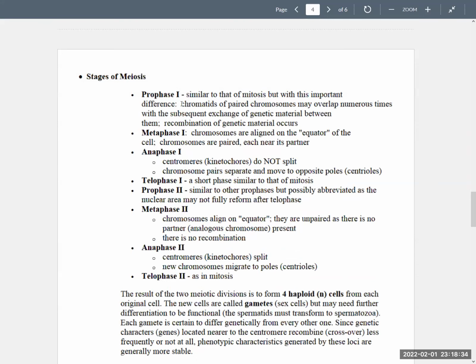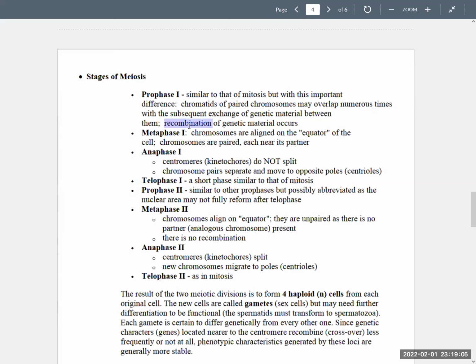Okay, back to prophase 1. Why do they call it 1? Because there are 2 divisions, 1 and 2. In prophase 1, the chromatids of paired chromosomes may overlap numerous times, with the subsequent exchange of genetic material between them. Recombination of genetic material occurs. Okay, that's important.